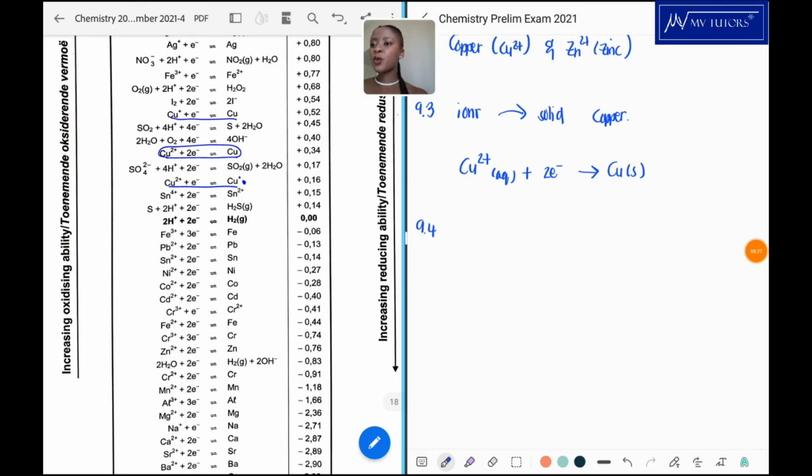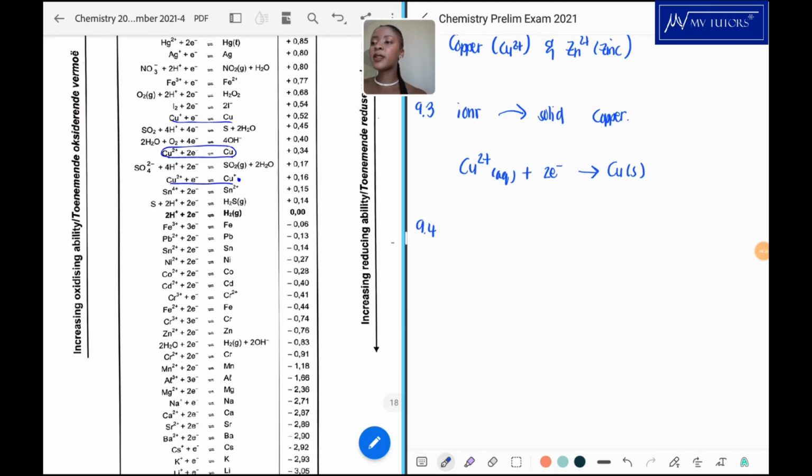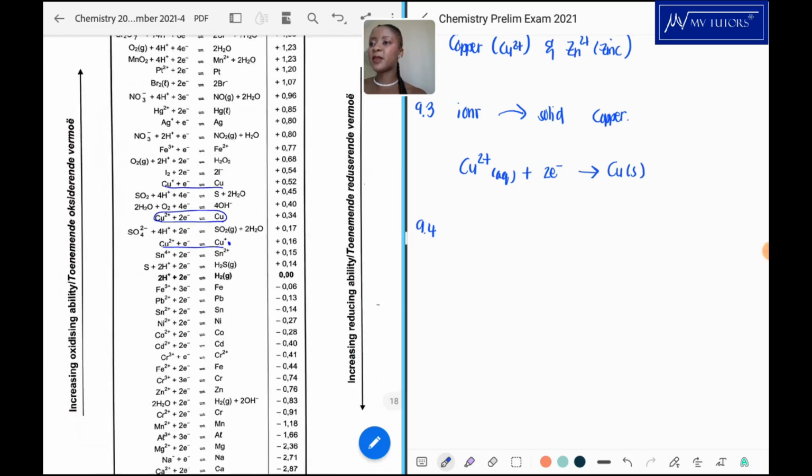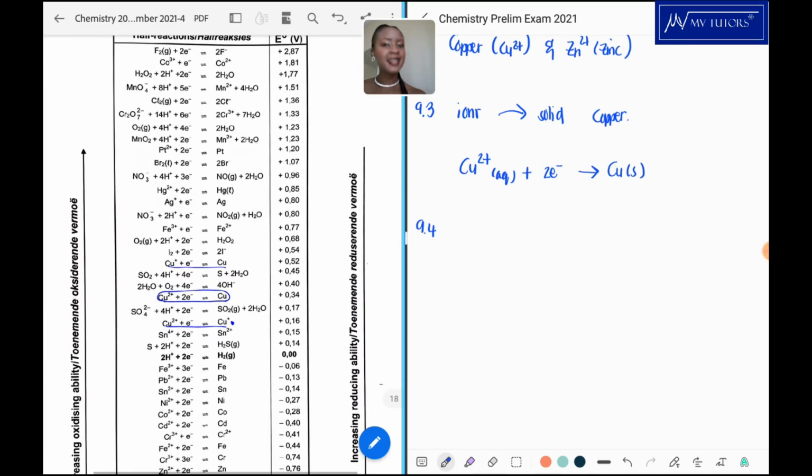So look at copper and where it is. I chose table 4A, but you can choose any table, it doesn't really matter.